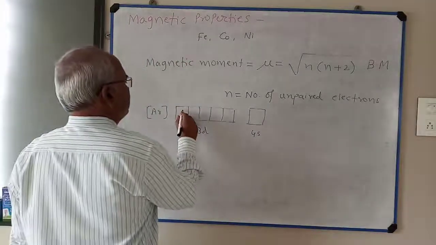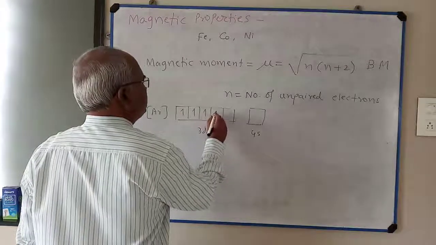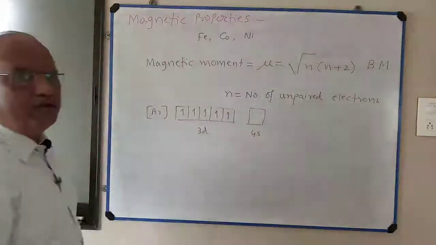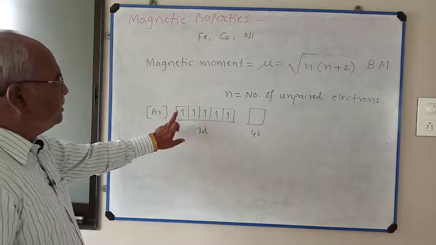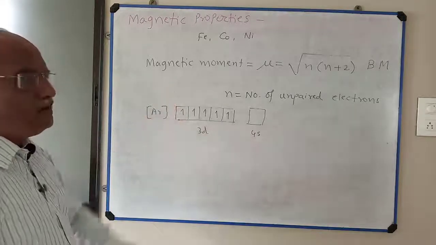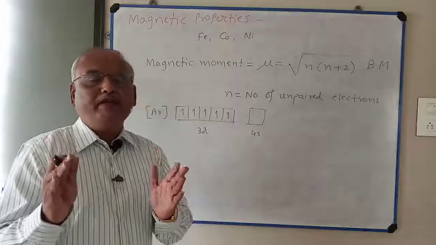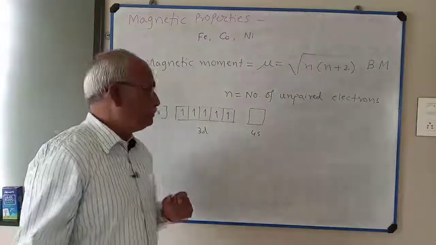Here is one electron, second, third, fourth, and fifth. Now you see, magnetic moment depends upon number of unpaired electrons present in atom or ion.